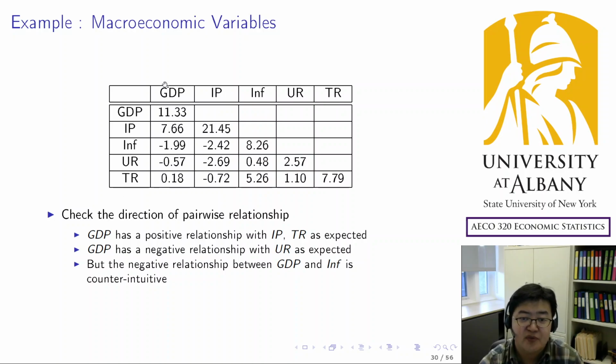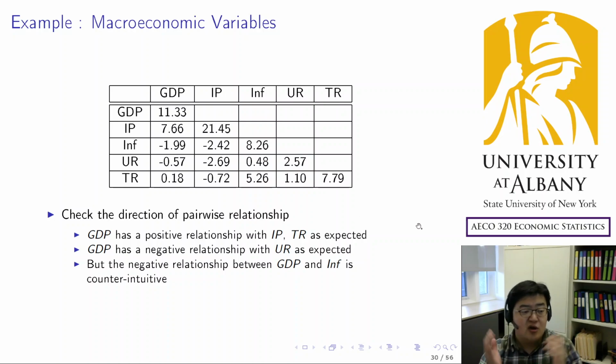For example, if you look at the first column, except for the variance itself, there are 4 covariances capturing the relationship with another variable. You can see that GDP has a positive relationship with the industrial production, which is natural, right? And the 10-year interest rate is also positively correlated with the GDP, right?